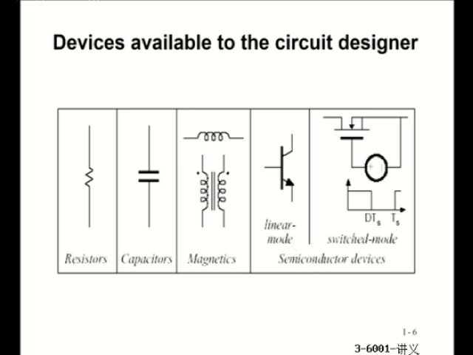Semiconductor devices could be working in an analog electronic circuit, in a linear mode, as we all know. Or if you're talking about the digital electronic circuit, then they are working under switched mode. These are the devices that we are very often using for information electronic circuits.